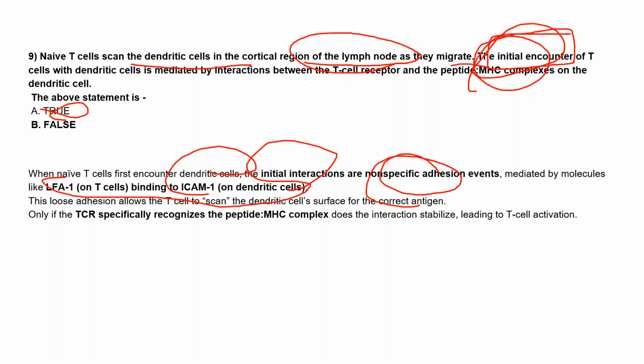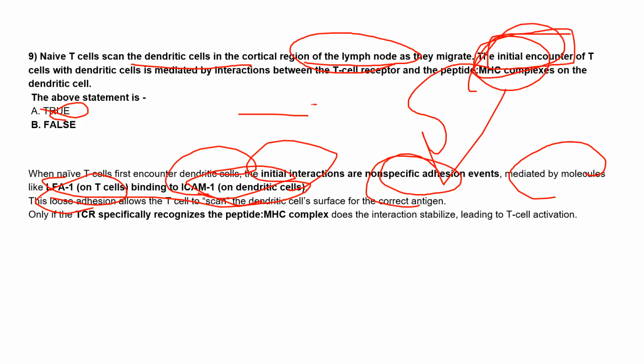That non-specific adhesion event is the first encounter of T cells with the dendritic cells, which is mediated by the molecule LFA1 on the T cells binding to ICAM1 on the dendritic cells. So the first encounter is not peptide and MHC.